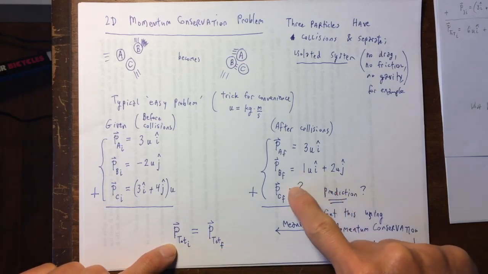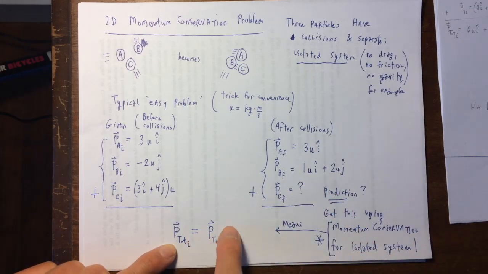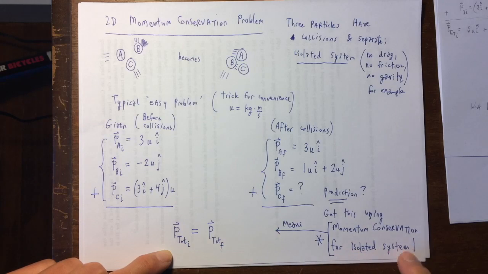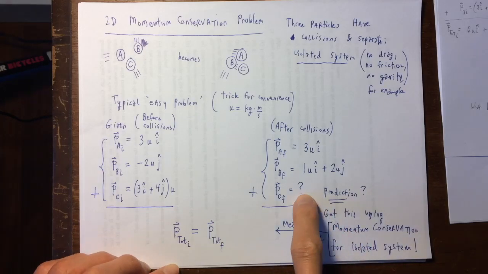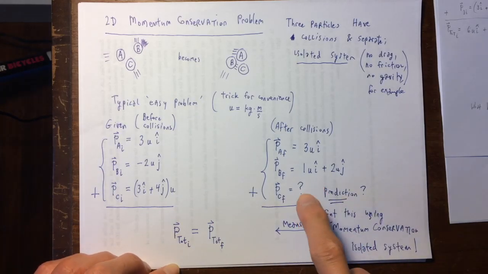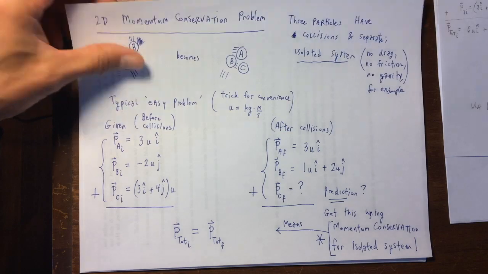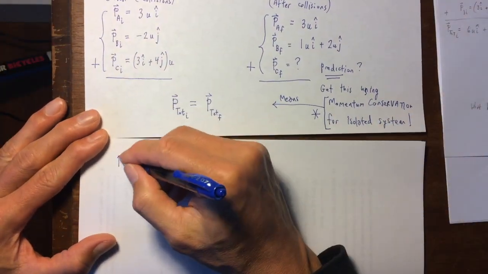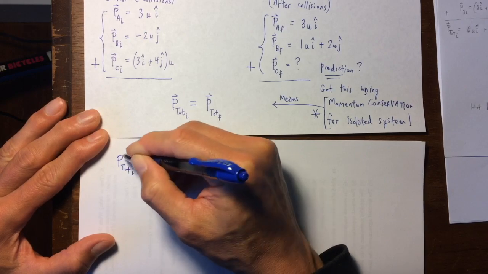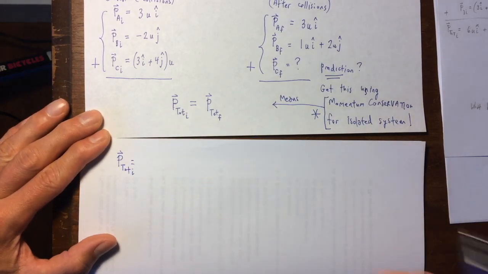And so you can see that I have an unknown here, and momentum conservation for an isolated system gives me an equation, and a way to get at my unknown vector value. So that's what we'll do on the next page. So P total initial, let's do this one quick.